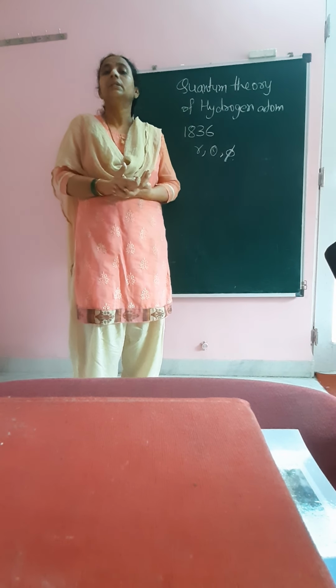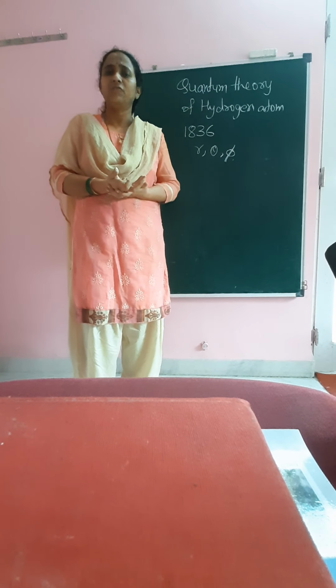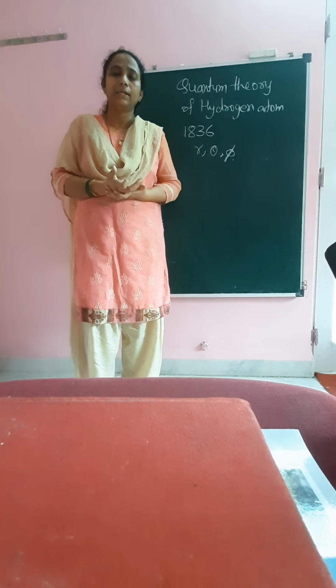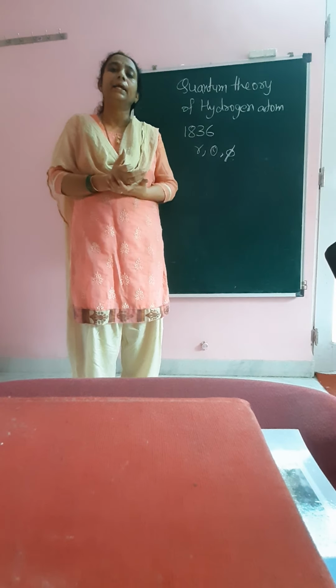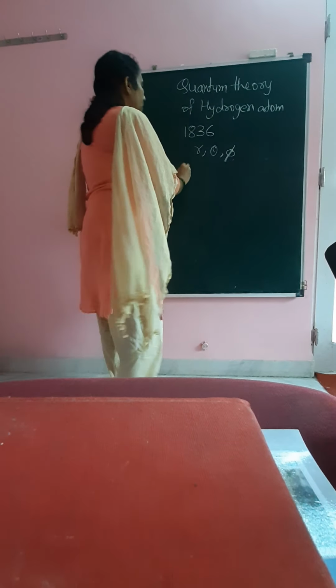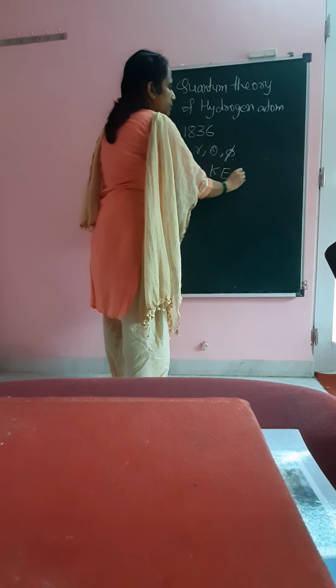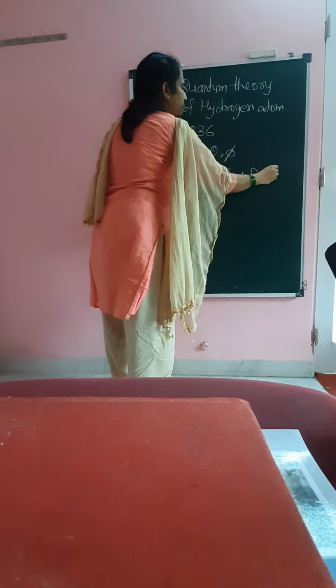In that sense, the energy of the electron will be considered in 2 parts. Obviously, for any particle, the total energy is the summation of kinetic energy and potential energy. So for the electron also, the total energy E will be kinetic energy plus potential energy.